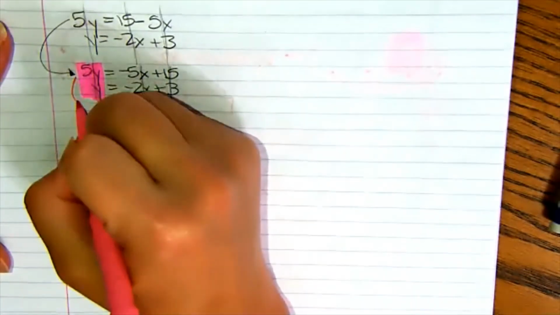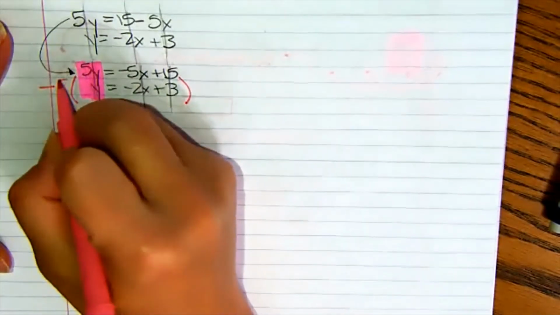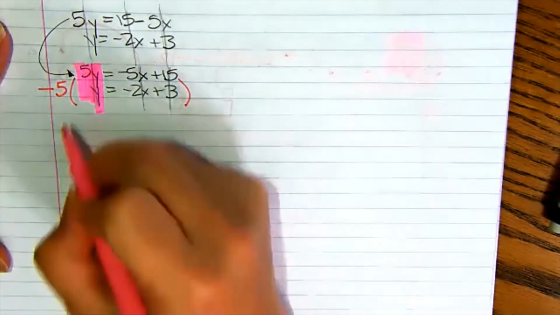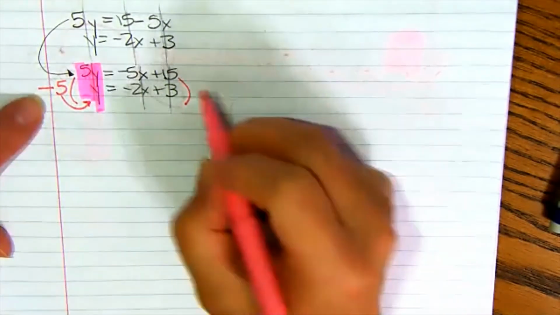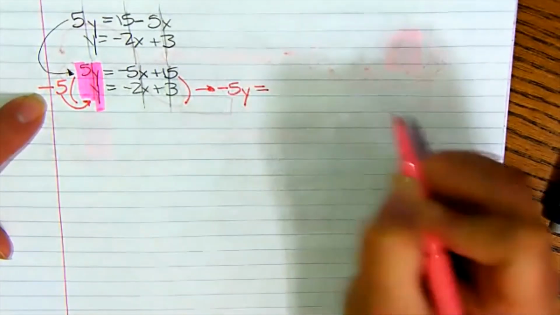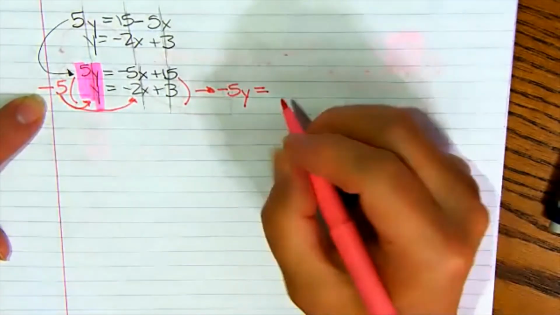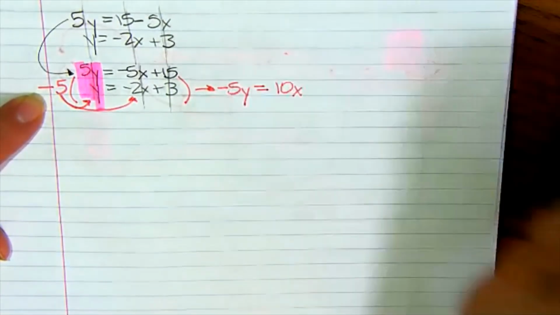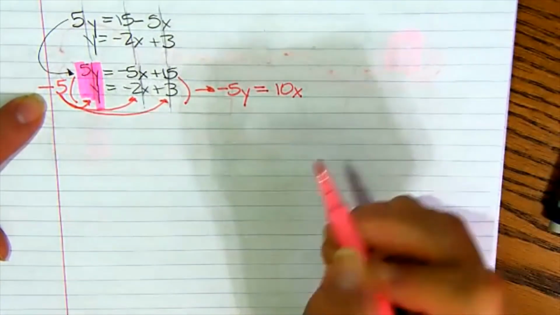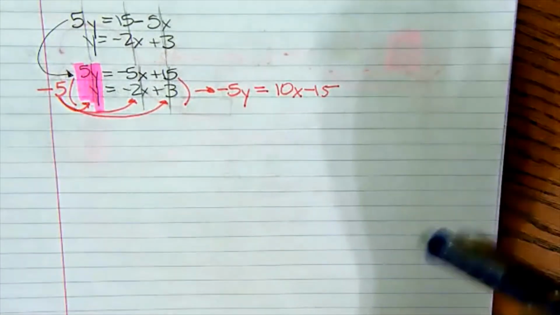Why, yes, there is. We can multiply this whole equation by negative 5. So let's use the distributive property. Negative 5 times y is negative 5y. Negative 5 times negative 2x is positive 10x. Negative 5 times positive 3 is negative 15.